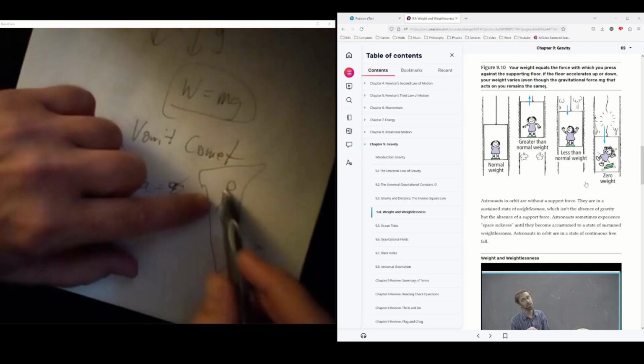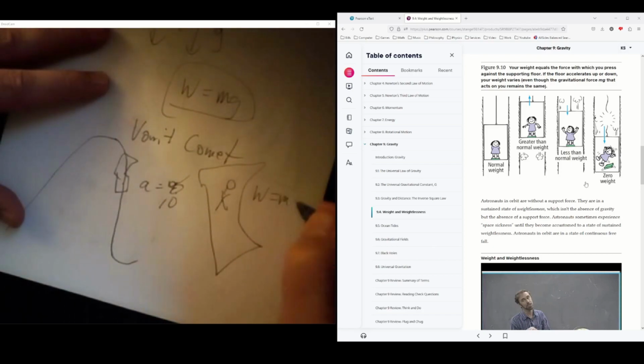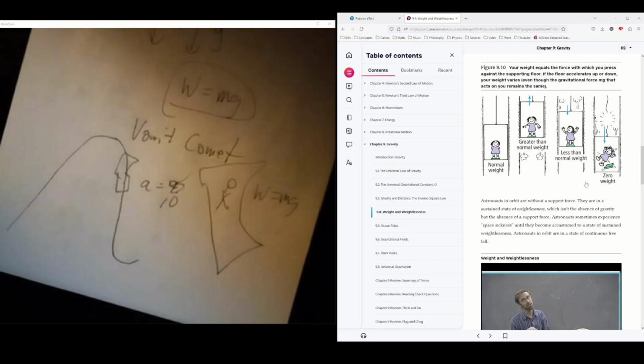And so you lose contact with the surface of the plane, and it feels like you're floating around. That's because the plane and you are both falling at the acceleration due to gravity, and so it feels like you're weightless. But it's really an illusion, because your weight is mg. M doesn't go away, nor does g. You still have weight.